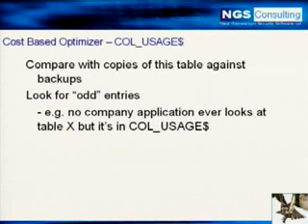For example, if we know our company-wide web applications never request data from table X, but there's an odd entry for table X in this table, then that might indicate foul play.